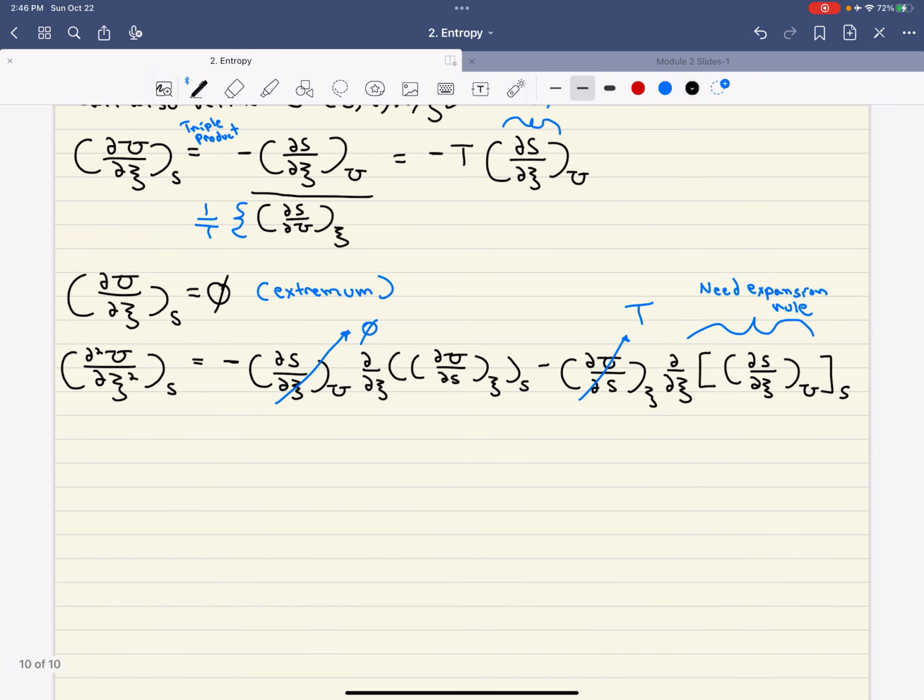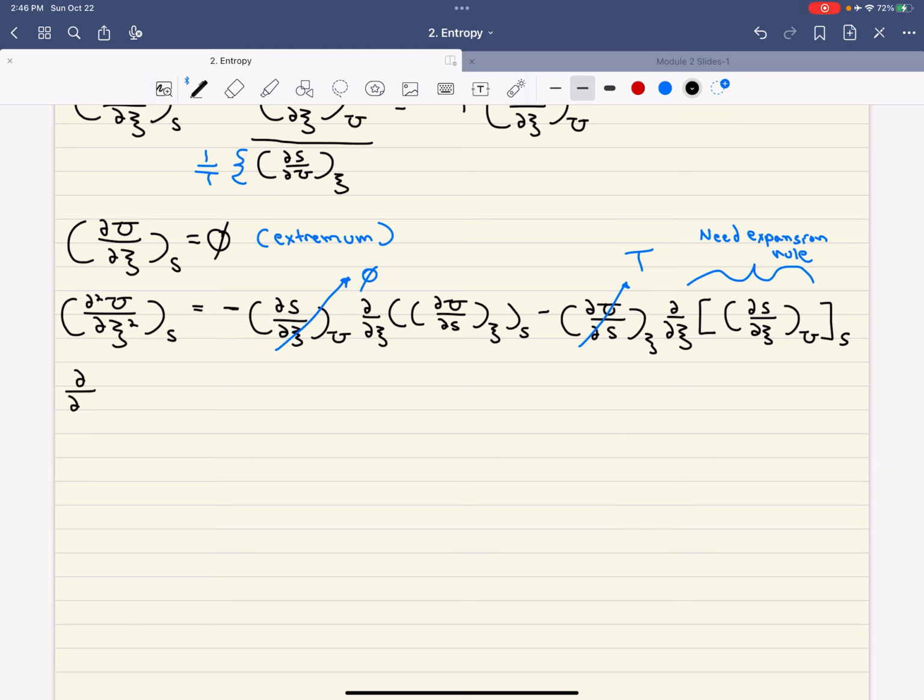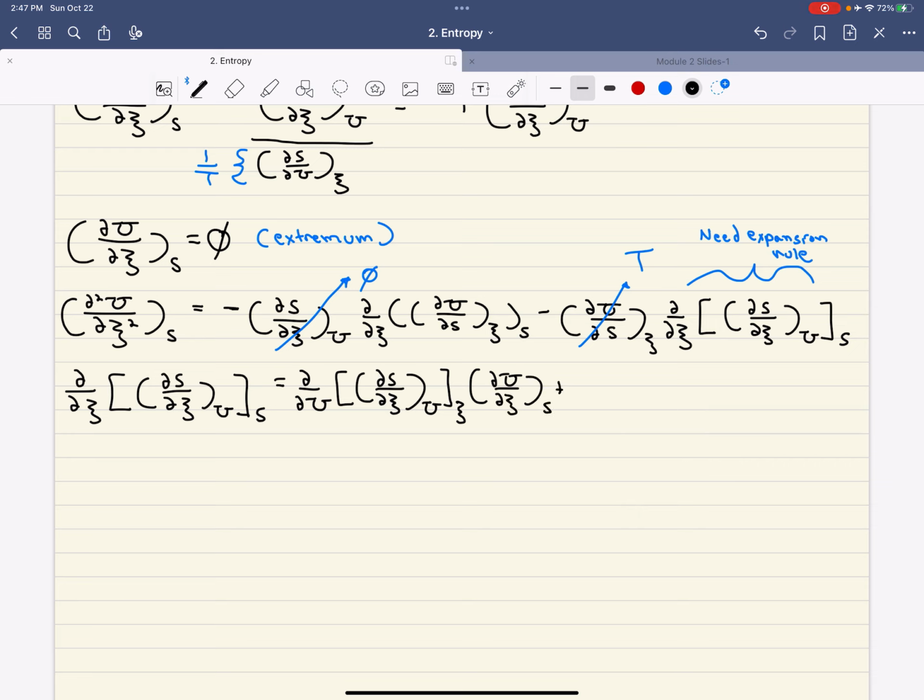If I apply the expansion rule to dS/dpsi at constant U and constant S, I get this: dU/dpsi at constant S plus dpsi/dS times dS/dpsi at constant S. Here, this one's just 1.